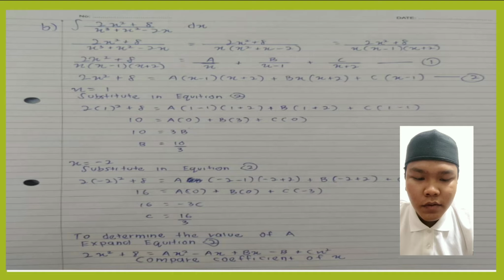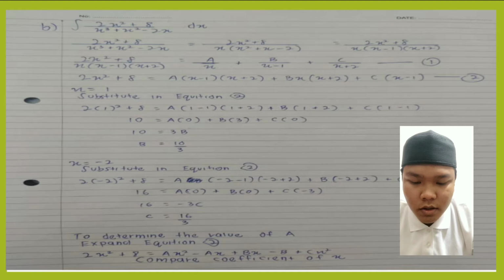By using the first equation, the second equation is 2x squared plus 8 equals a bracket x minus 1 bracket x plus 2 plus bx bracket x plus 2 plus cx bracket x minus 1, to become the second equation.